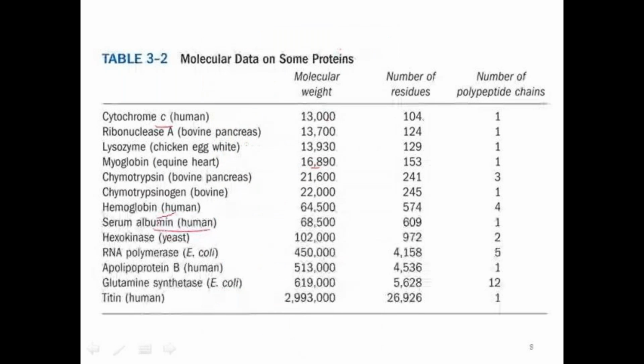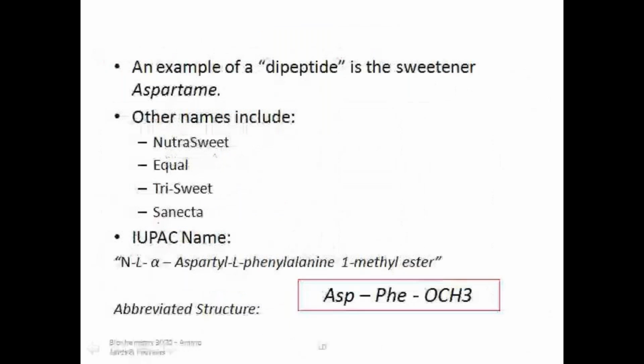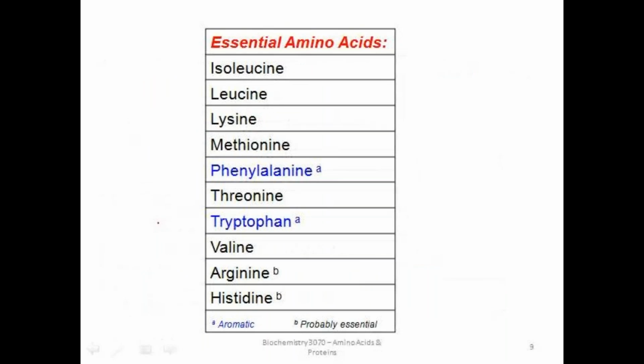And these amino acids are also classified into two types: essential amino acids and non-essential amino acids. What are essential amino acids?